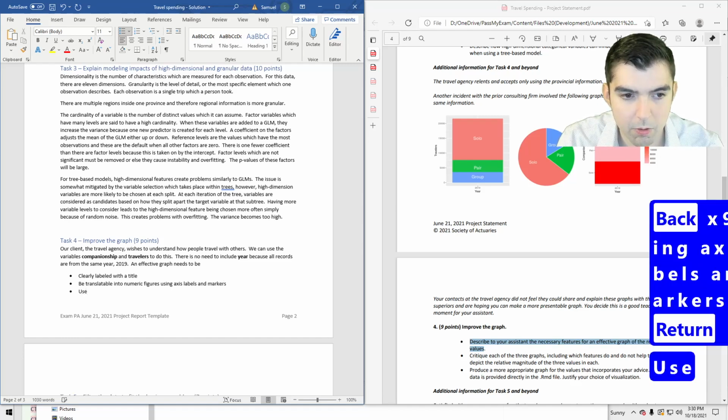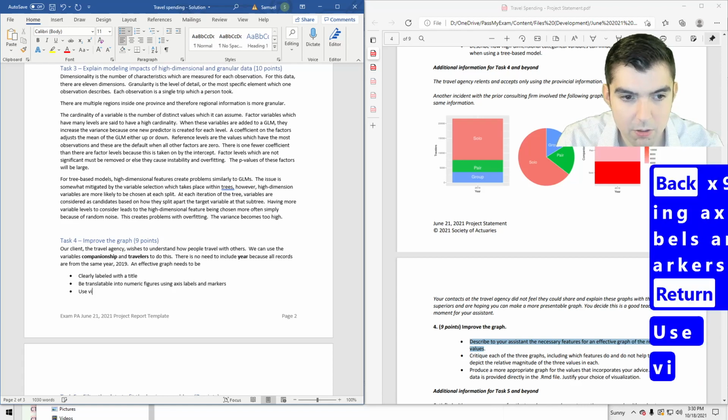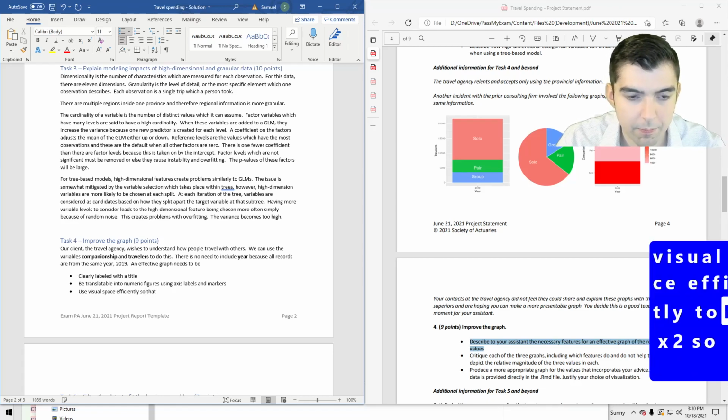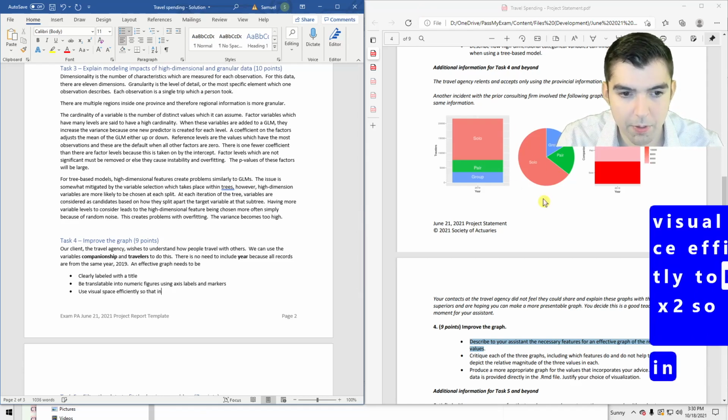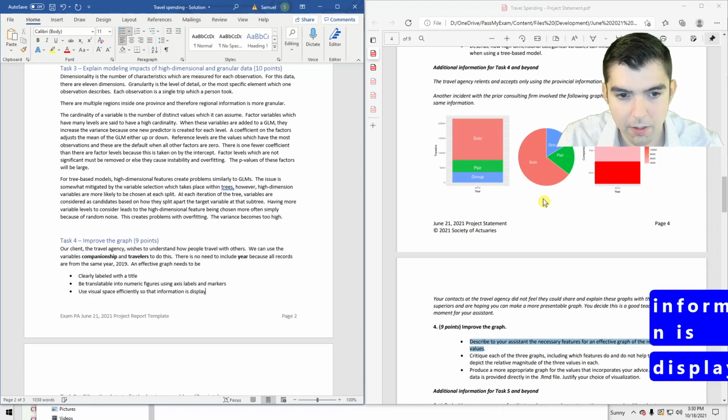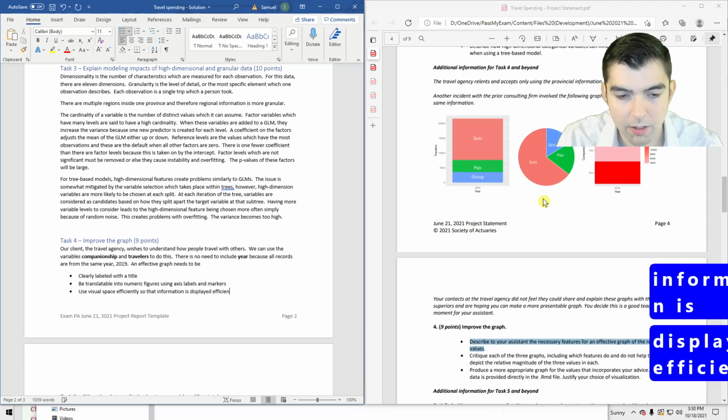Use visual space efficiently, so that information is displayed efficiently.